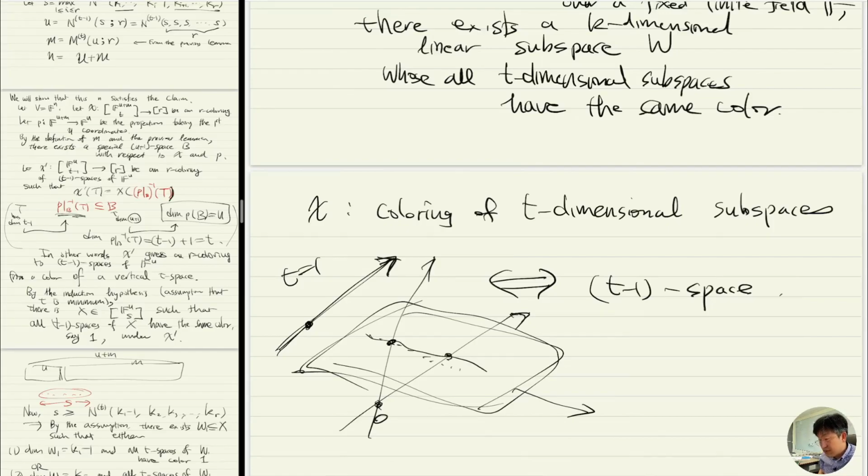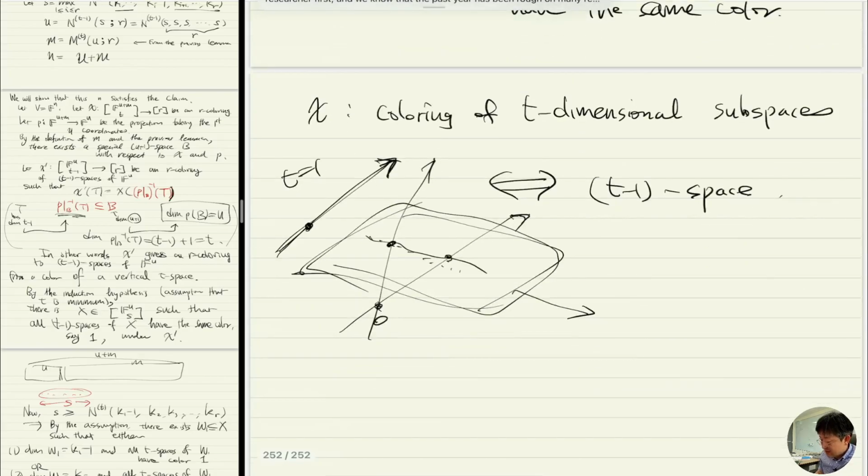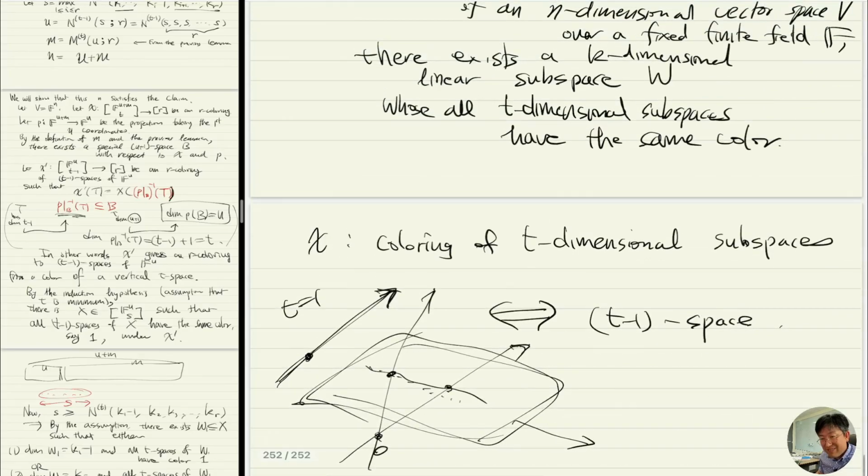So there's a one-to-one correspondence, except one. So that's what it is. We apply the affine Ramsey theorem for the t minus 1 case, and then we do the same thing. All right, that's it.